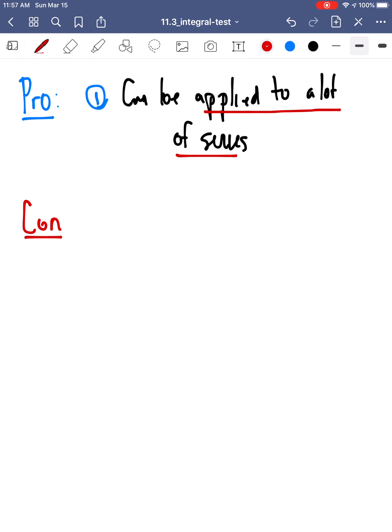Now let's talk about some cons. I would say the biggest con, although we can use this to test for convergence and divergence of lots of series, is that we have to do an integral.